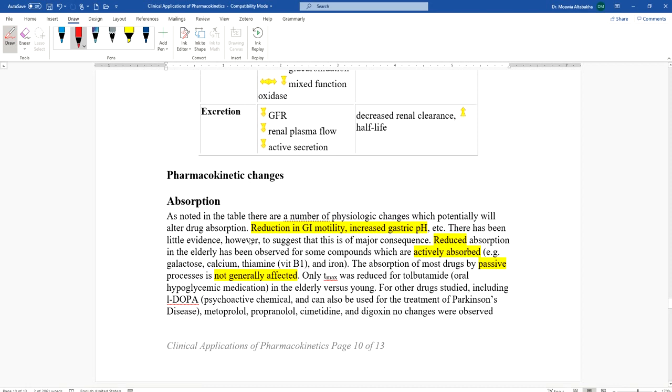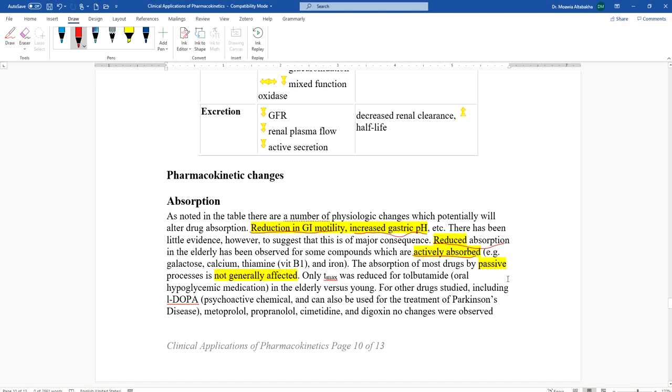Now if we want to talk about this in more details, the absorption, okay, في عنا we said that there is increase in pH because of achlorhydria or decrease في gastric acid secretion. في عنا reduction في GI motility, and that might cause reduction في absorption for the actively absorbed material or drugs such as galactose, calcium, vitamin B, iron. أما for most drugs that are absorbed passively, and you already learned about active and passive absorption في biopharmaceutics and pharmacokinetics 1.